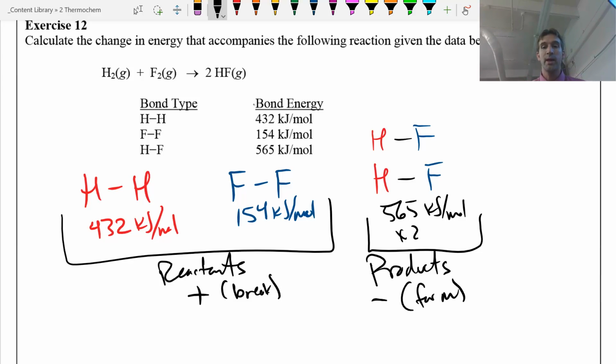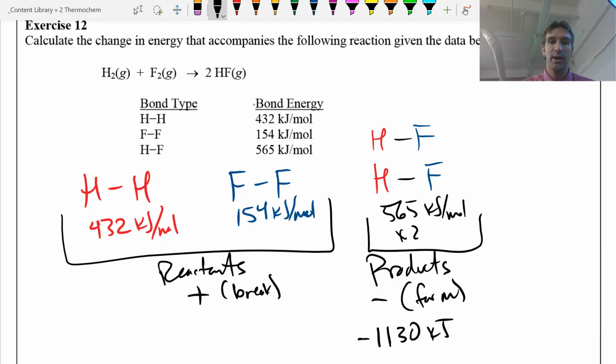So working that out, we're going to see 565 times 2. That should give me 1130 kilojoules. That is the amount of energy that it takes to form bonds. It'll be a negative because energy is released. Now on the opposite side, we combine these two.